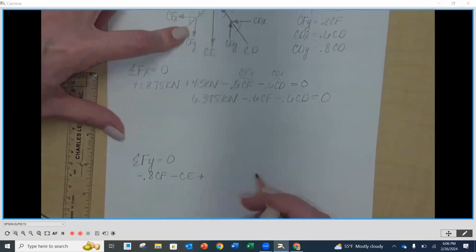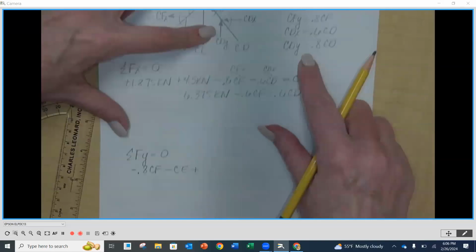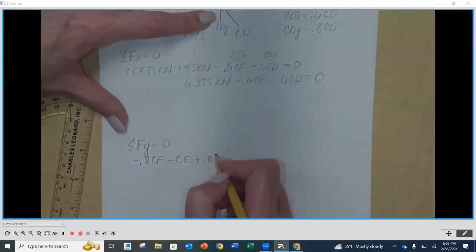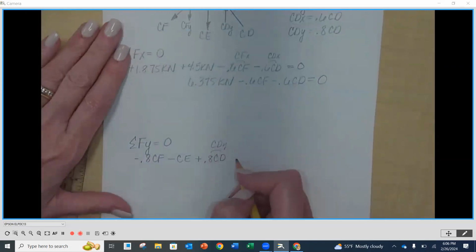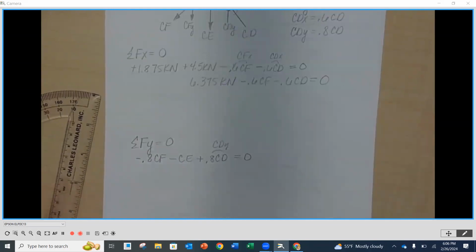And I'm going to have a positive CDY, which is 0.8 times CD. Okay. Equal to 0. There's no use combining anything because nothing can combine. And I'm just going to leave those as is on the left-hand side, set equal to 0. That's as far as I can go here. I don't have 2 equations with the same 2 unknowns, so that's as far as I can go.